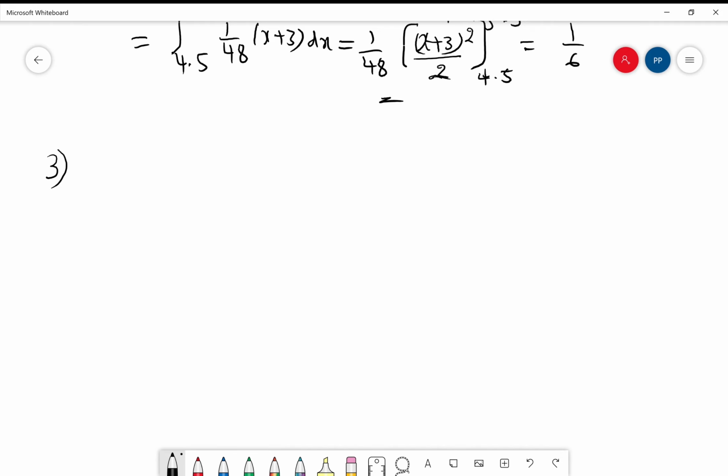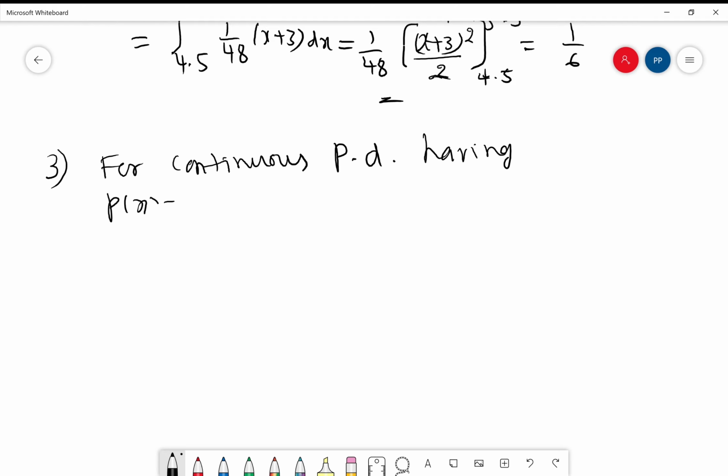The problem is for a continuous probability distribution having p of x equals, which is a splitting function, x in the interval 0 less than x less than 1, 2 minus x in 1 less than or equal to x less than 2, and 0 otherwise.